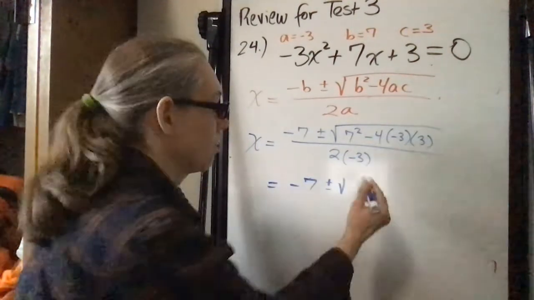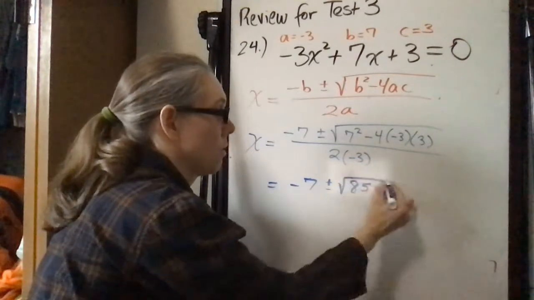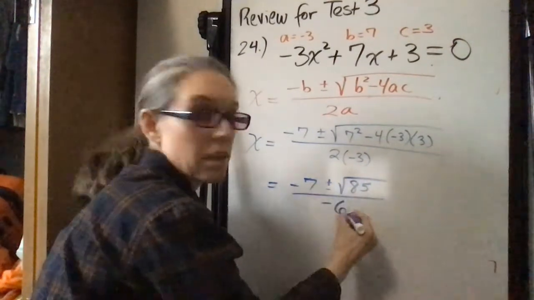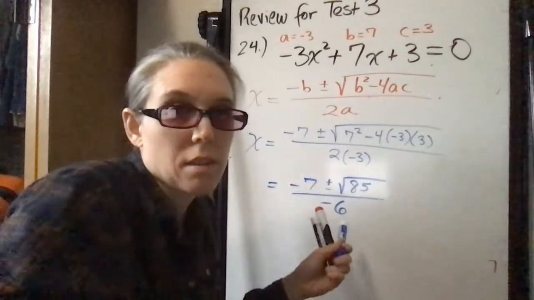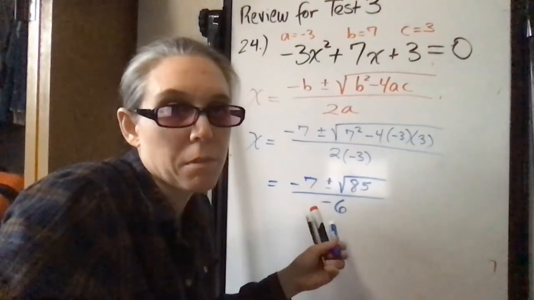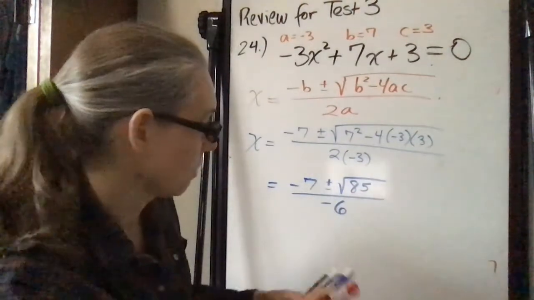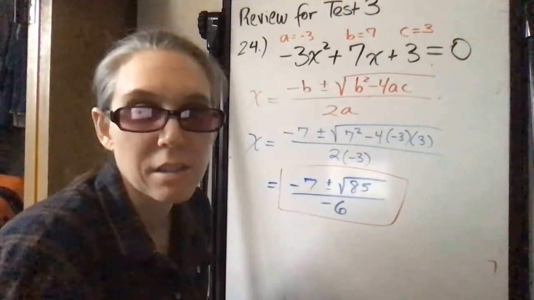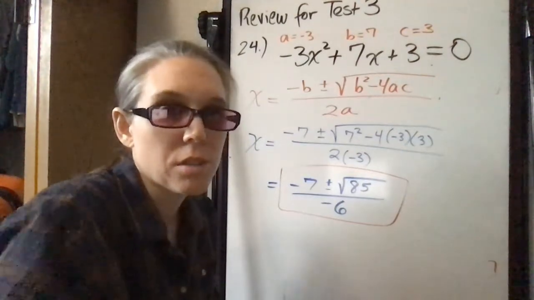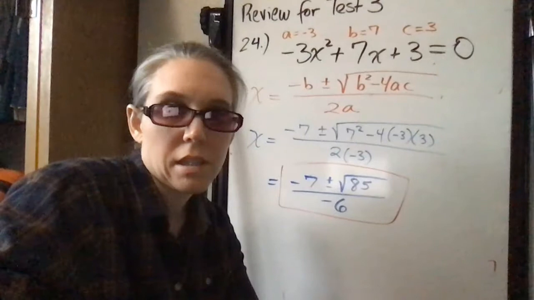So that is the square root of 85 over negative 6. And so that one is going to be the first answer choice, answer choice A, but that's as far as they simplify it. So pretty straightforward there. Should be easy enough.